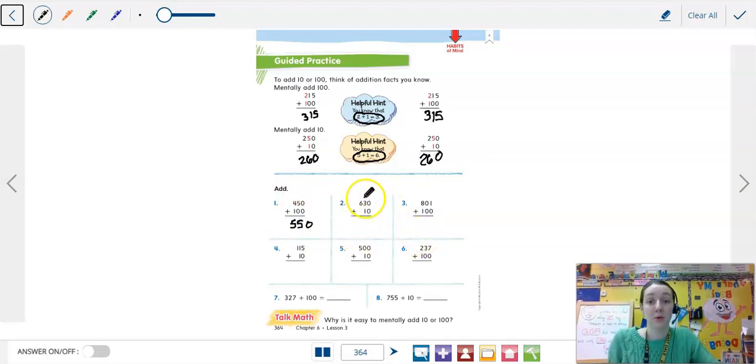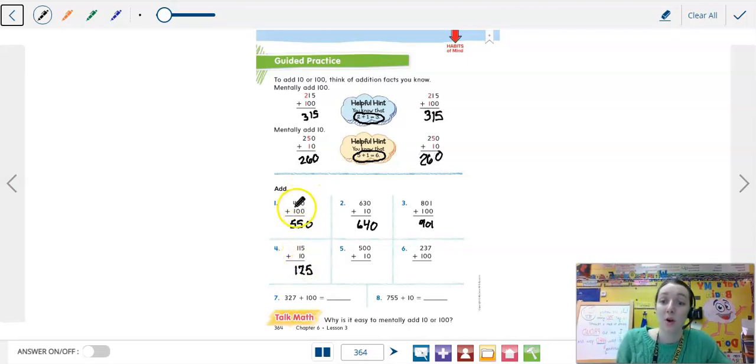My tens place is the only thing that's going to change, so 3 plus 1 is 4, so it's going to be 640. 801 plus 100, only my hundreds place is going to change, so 8 plus 1 is 9, and my answer is 901. 115 plus 10, that tens place, I can mentally do 1 plus 1 is 2, so 125.